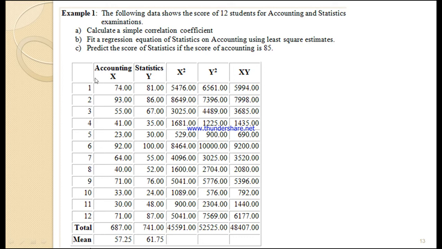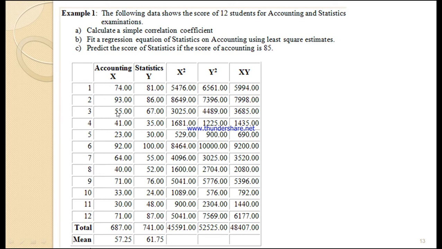Therefore, the first thing we need to do is represent the test results on the accounting examination by x, so that x is the independent variable, and y is the dependent variable, which represents the results on the statistics examination.